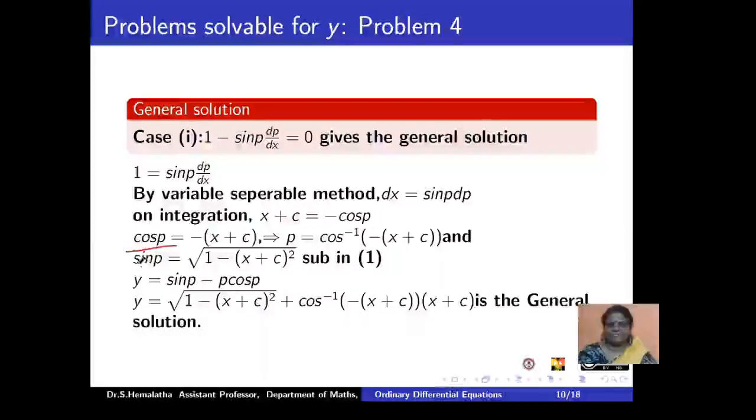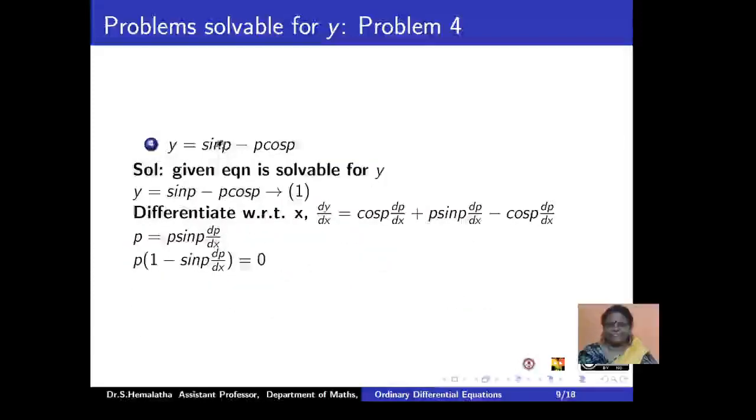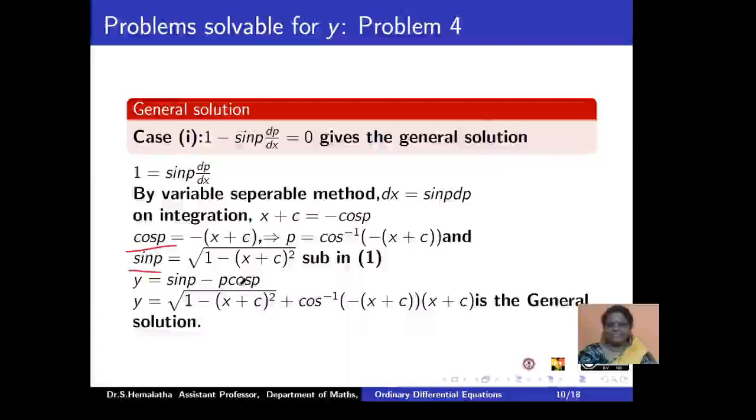But whenever you have such components of answers, you try to give the cos p value, then you write the sin p value. Because if you directly substitute your p value in this, you will be getting a complicated version of your answer.